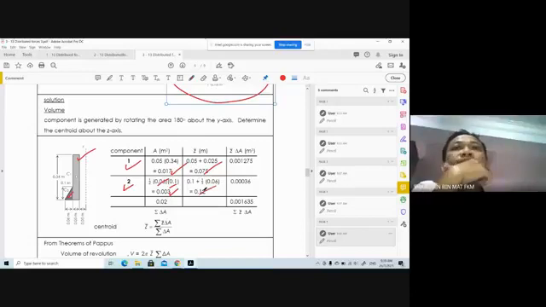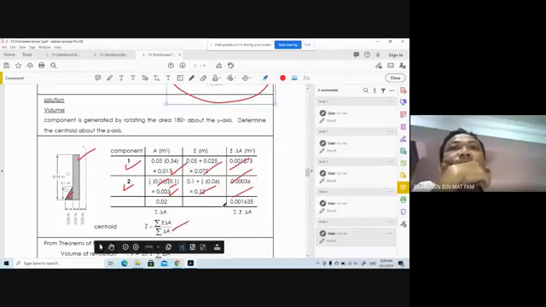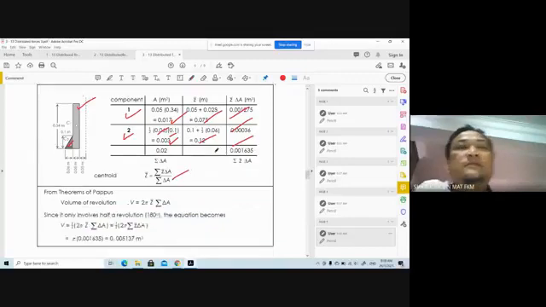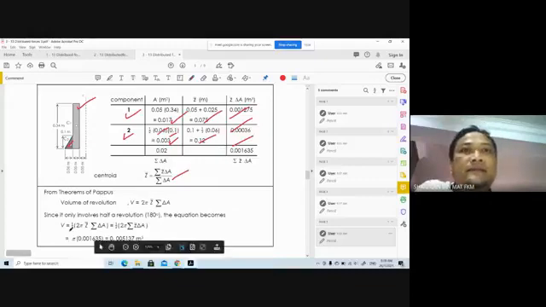Z bar for both components, and then Z bar multiplied by A. You rotate about the y-axis. Actually, if you put X bar also, it's not a problem for me. Since you are rotating by 180 degrees, just divide by 2 again. You will get that answer.